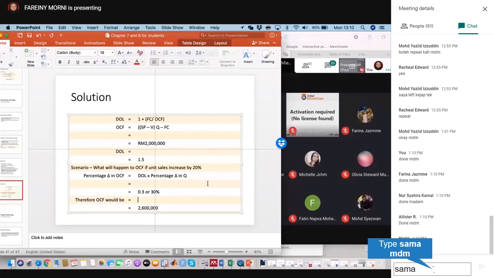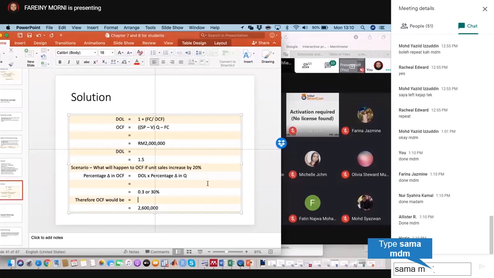All right, so what will happen to OCF if unit sales increase by 20%? DOL is 1.5, percentage change is 0.2, and so the change is 0.3 or 30%. Therefore OCF would be, we take this value, 2 million, multiplied by 1 plus 30%.